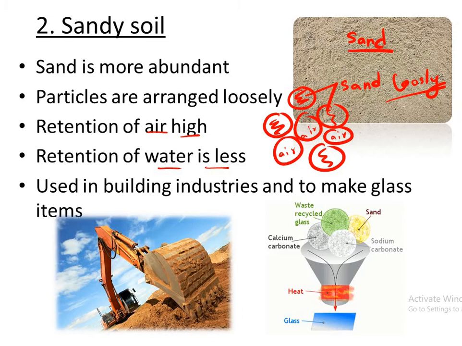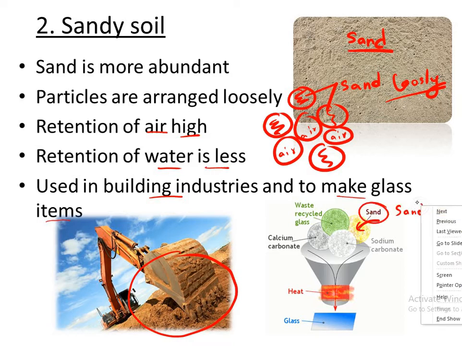Anyway, coming back to sandy soil, we use these things in the building industry to make various things. Here you can see a certain vehicle digging some sandy soil for this construction work. And it's also used to make various glass items. Now, the process of making glassware is not a very simple process. But in a nutshell, you are going to take some sand, not any sand, sandy soil.